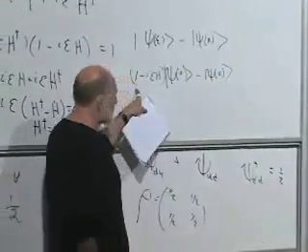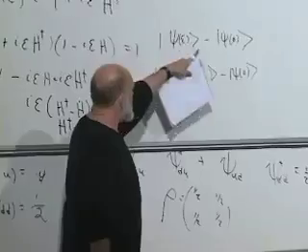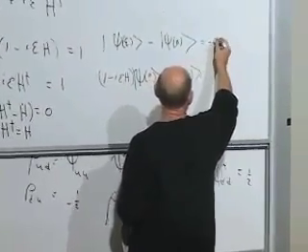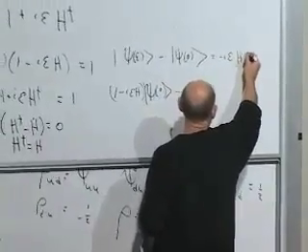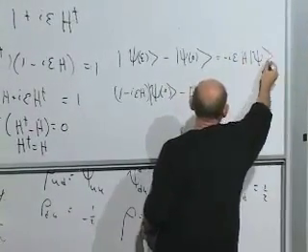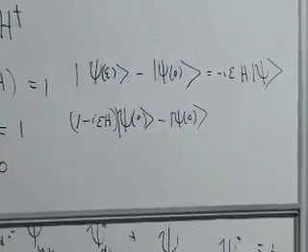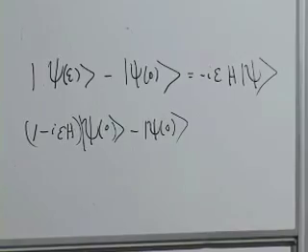Well, that just means the 1's cancel. Psi of epsilon minus psi of 0 is just equal to minus i epsilon h psi. It's just the difference between them, the extra little piece in U that comes from here.